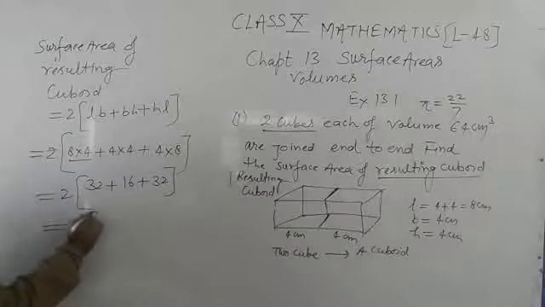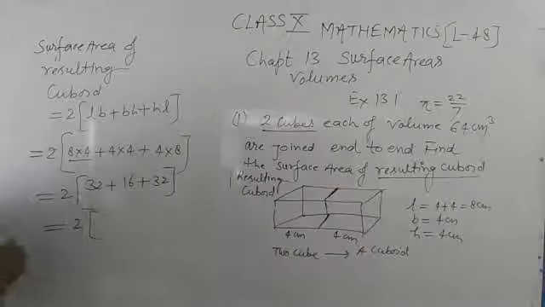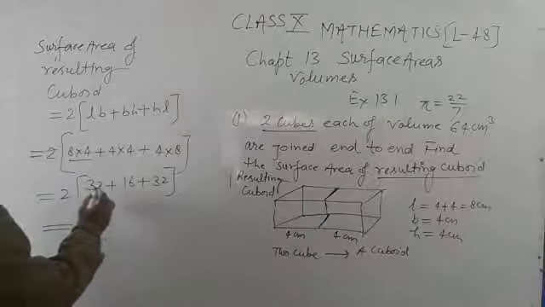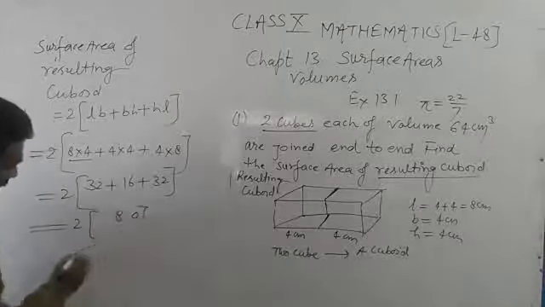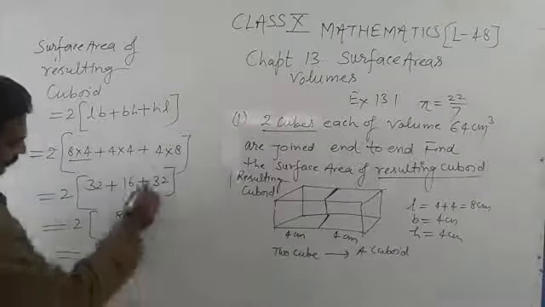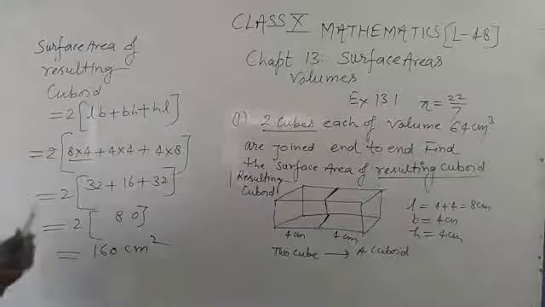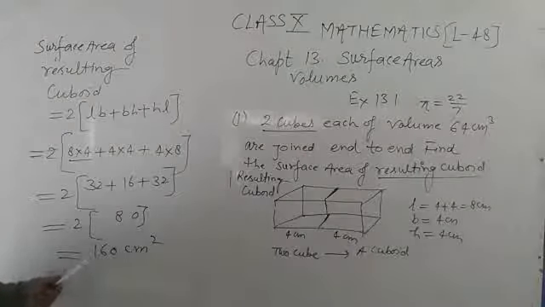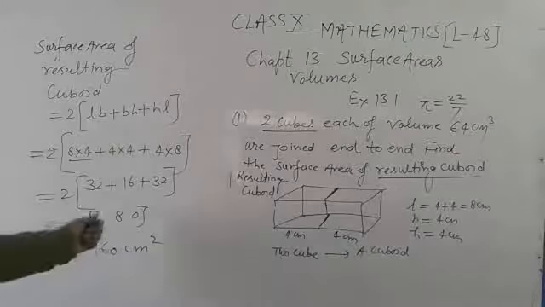After adding 32 plus 16 plus 32, it becomes 80. Finally, we have 2 into 80, that is 160 centimeter square. So students, this is nothing but the surface area of the resulting cuboid. Okay students, so I think you got it. Now write this solution.